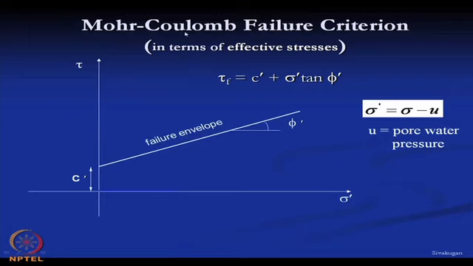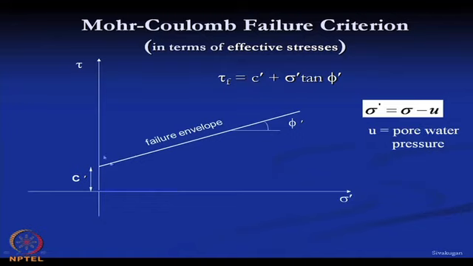Now, we can write the same expression in terms of effective stress. In terms of effective stress, this will be C bar, the effective cohesion, plus sigma dash times tan phi dash. Sigma dash will be sigma minus u, where u is the water pressure.